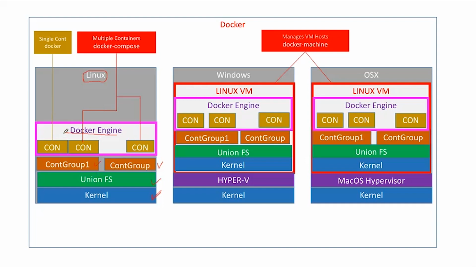A daemon is a process that runs in the background. That's what a daemon is. So when we say Docker engine, we're talking about, for the most part, all the things we need to run a container on a particular machine. That's a Docker engine, all right.